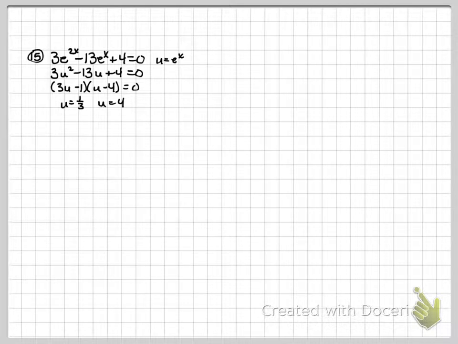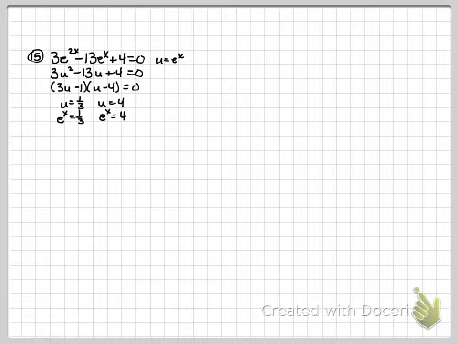Replace the u's with our e to the x's. And now again, e to the x has to equal a positive. Okay, in both cases these are positive, so they work. So we're going to have two solutions this time.